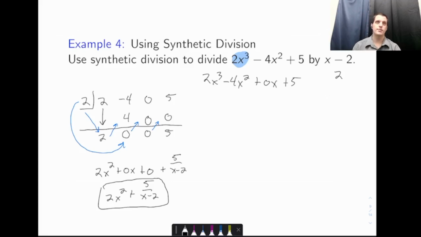So our synthetic division is a much easier process, but you need to keep in mind that the power of x is always 1 less in our final answers.